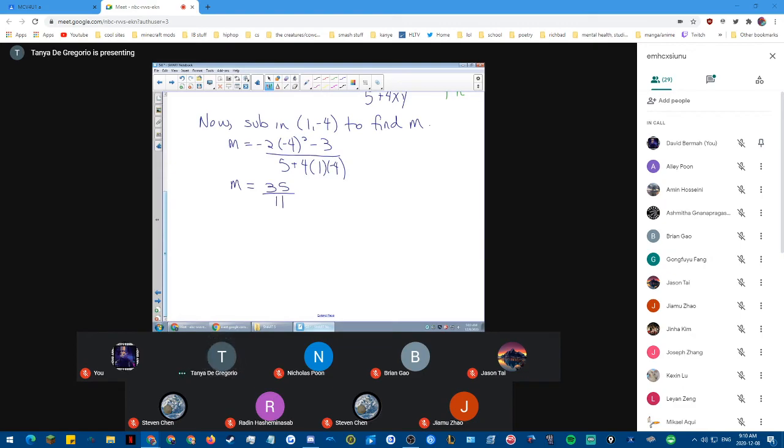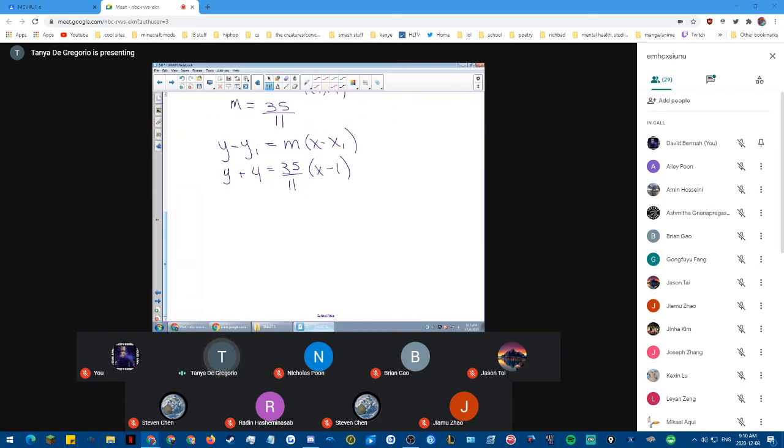So, from here I've got the slope, and now we use our point-slope form. You might use y equals mx plus b, but I encourage you to try this equation. It's basically just your slope rearranged. So y plus 4 equals 35 over 11 times (x minus 1). From here, you can multiply everything by 11.